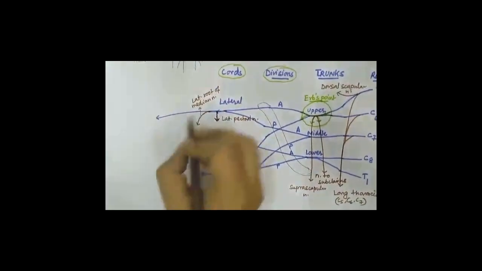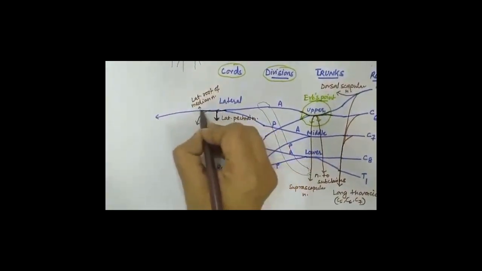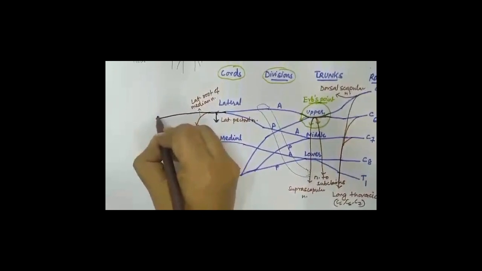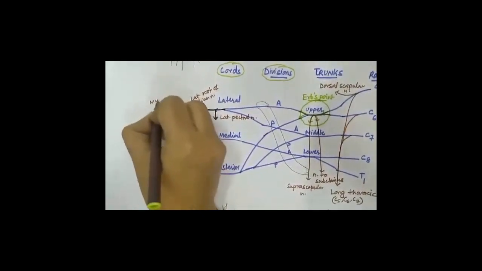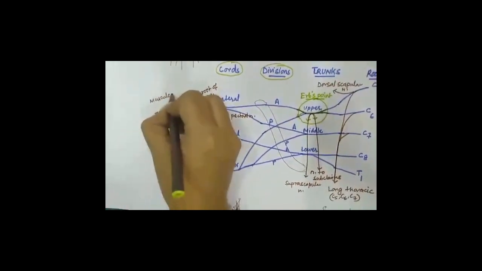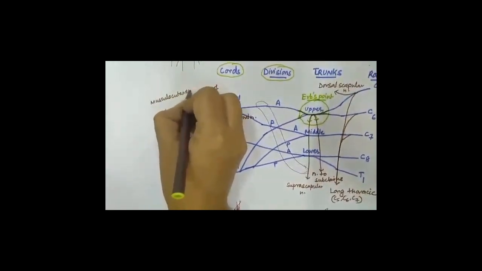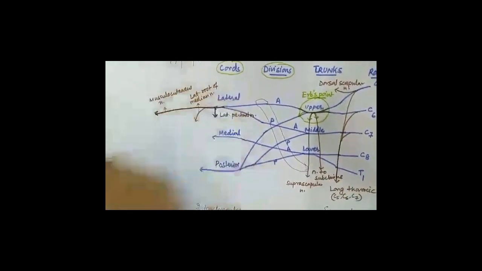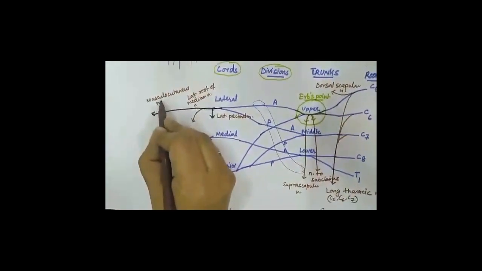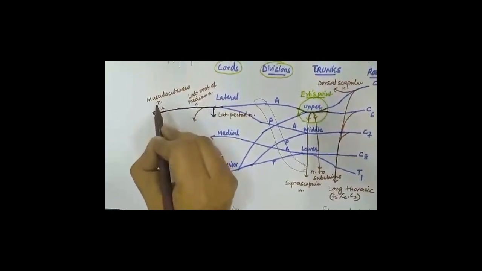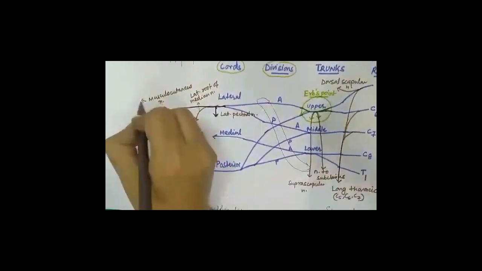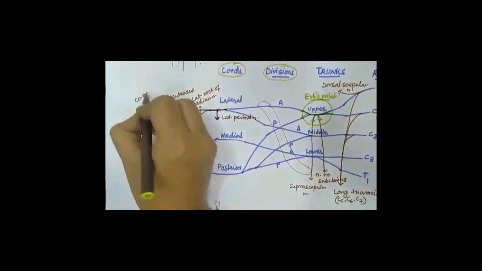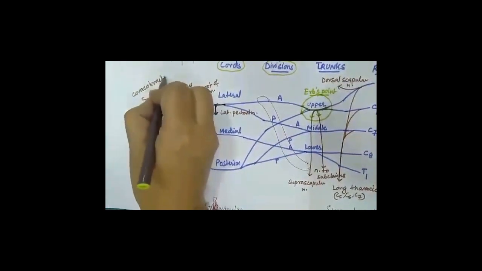and the last one itself continues as the musculocutaneous nerve. This musculocutaneous nerve will supply the muscles of the flexor compartment of the arm after piercing a muscle called coracobrachialis.